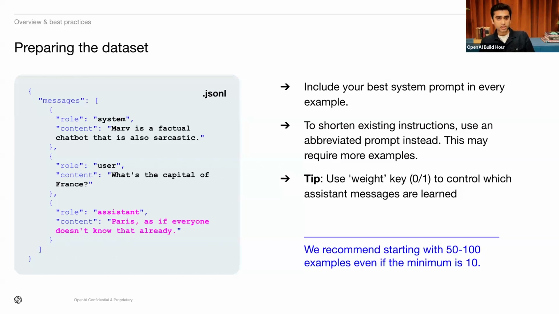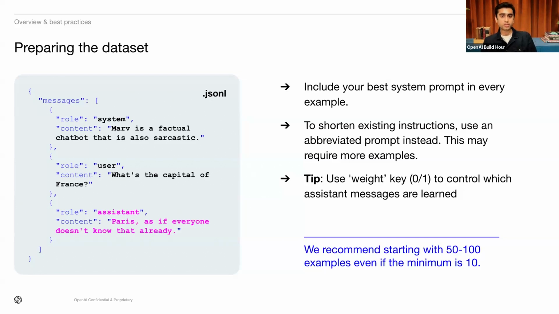The training and validation data that you use for fine-tuning with OpenAI must be formatted as JSON-L documents. So for the latest models, the fine-tuning data set must be formatted in a conversational format that is used by the chat completions API. Here's one example on the left of what that looks like. So you take the set of instructions and prompts that you found worked best for the model prior to fine-tuning, and you include them in every training example.